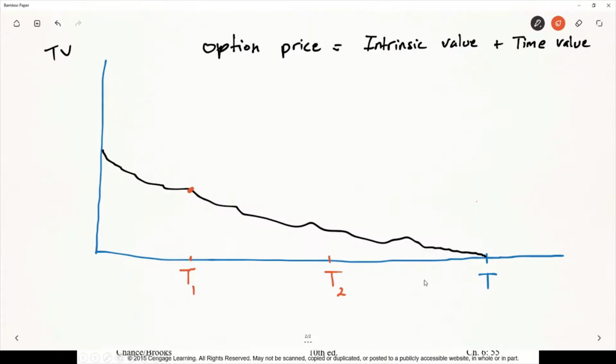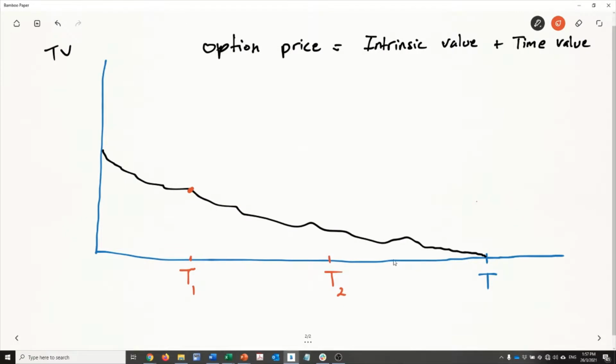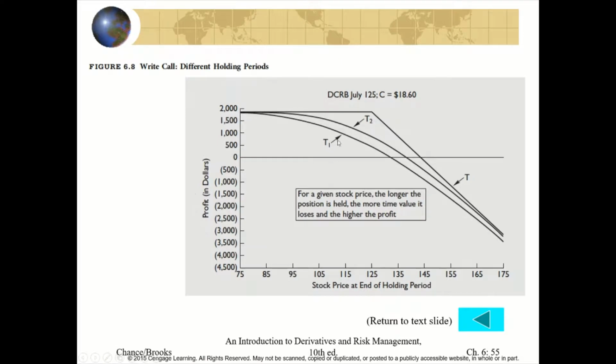If we revisit this chart here, now we learned that at time t1 the time value will be the highest. But why am I going to realize the maximum loss compared to holding until time t2 or waiting until the expiration of the option?